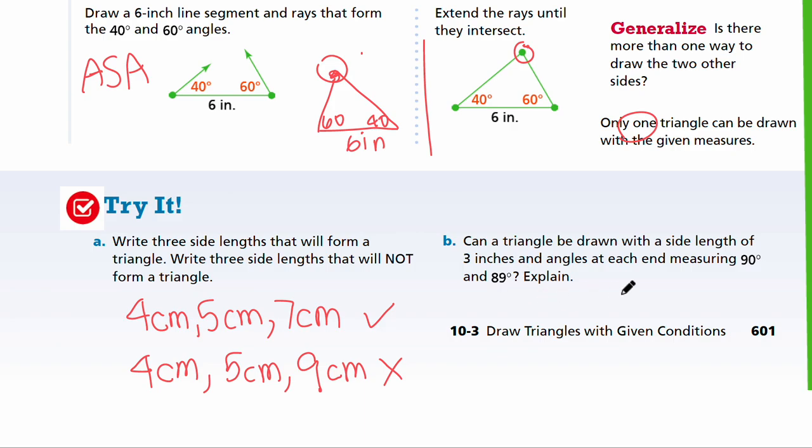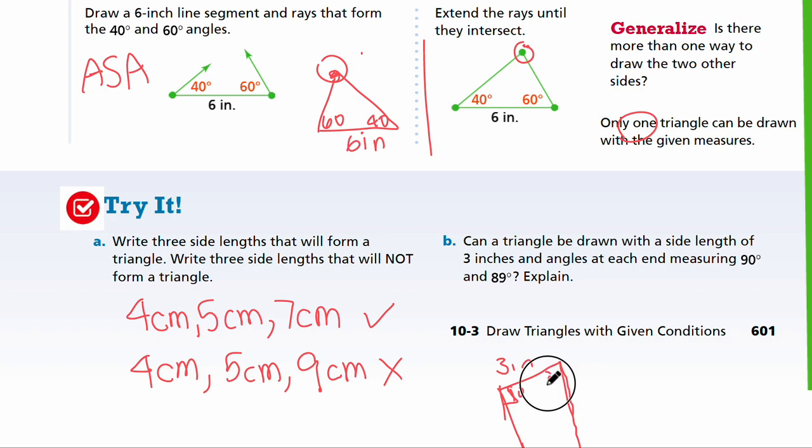Okay, part B: can a triangle be drawn with a side length of 3 inches and angles at each end measuring 90 and 89 degrees? Ooh, so this is almost 90 degrees, but it's not. So the triangle is going to be really, really long.